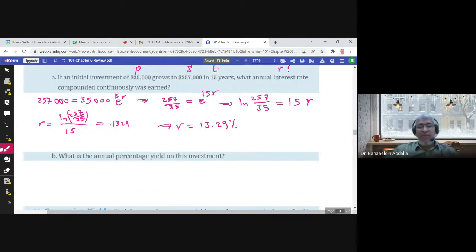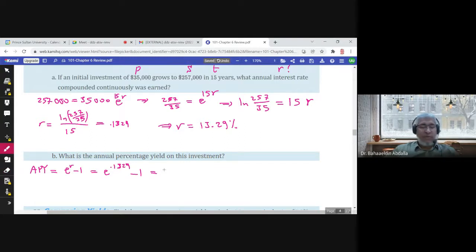What is the annual percentage yield of this investment? Well, the annual percentage yield by the formula is e to the power r minus 1. And r is 0.1329. So we just put it in the calculator.